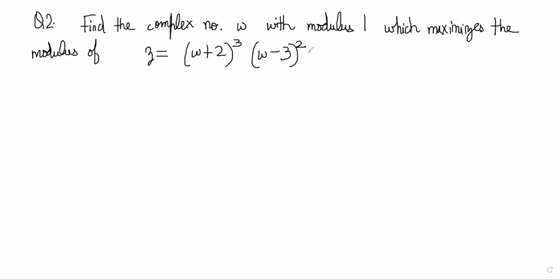Okay, so we have to find the complex number w with modulus 1. So we are given mod w is 1, which maximizes the modulus of this complex number, right?